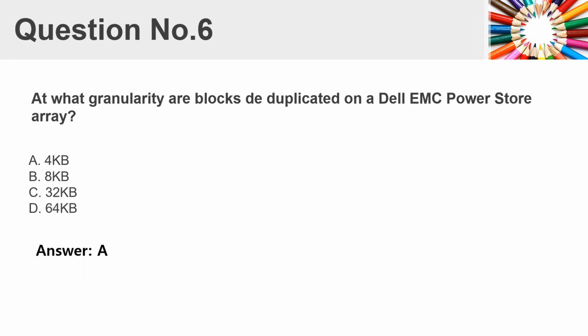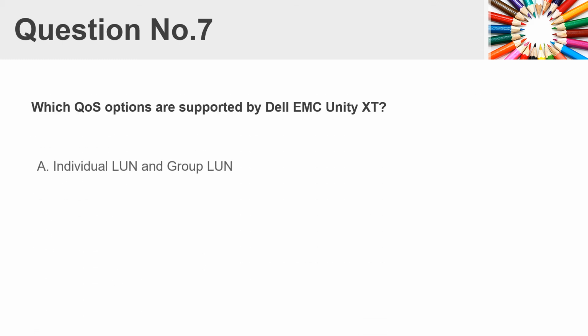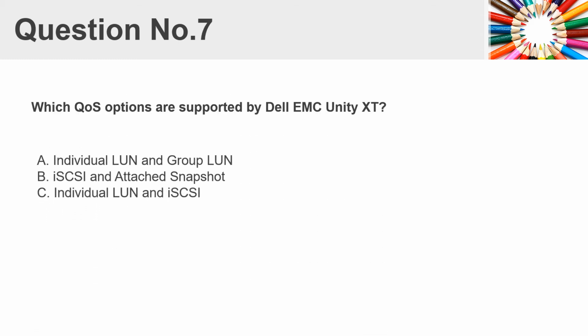Question number 6. At what granularity are blocks deduplicated on a DELL EMC PowerStore array? A. 4 kilobytes. B. 8 kilobytes. C. 32 kilobytes. D. 64 kilobytes. Answer. A. Question number 7.